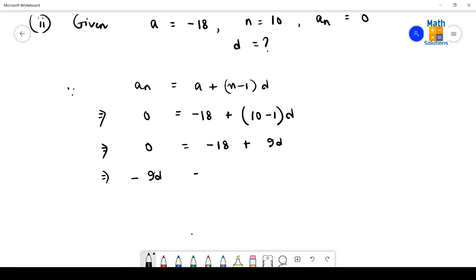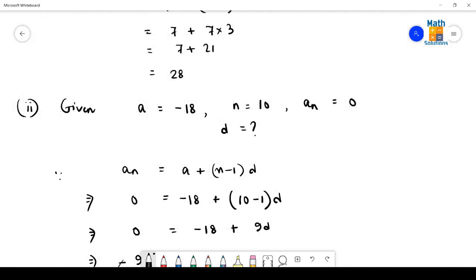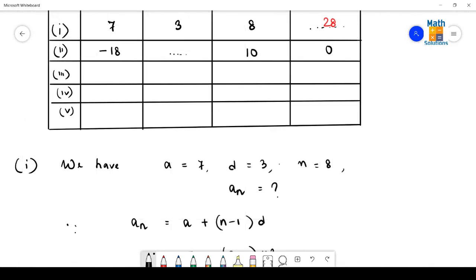It will come as negative, minus 9d. Negative sign will be there with it. So it will be 9d is equal to 18. So d is equal to 18 by 9, and the result comes as d is equal to 2 here. So in this table, in place of d, what do we have to put? We have to put here 2.